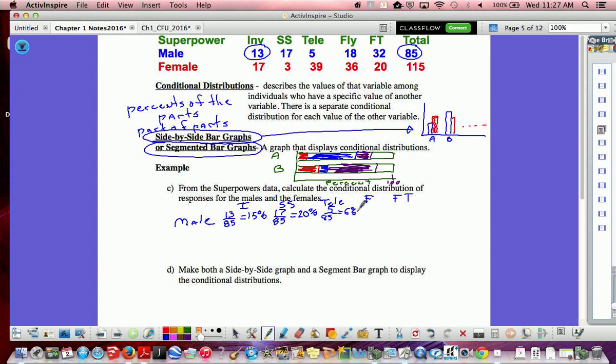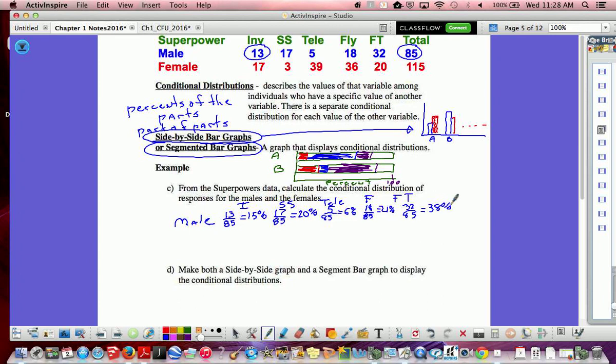Flying was, let's see, 18 out of 85, 21%. And then freezing time was, wow, 32 out of 85, which was 38%.